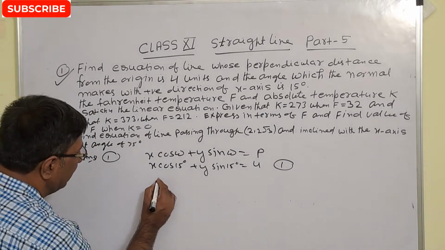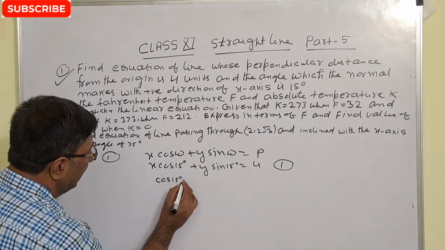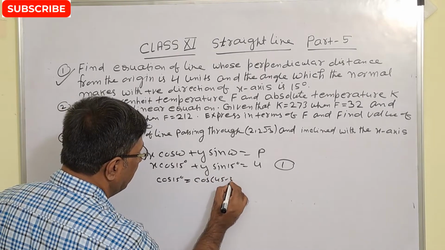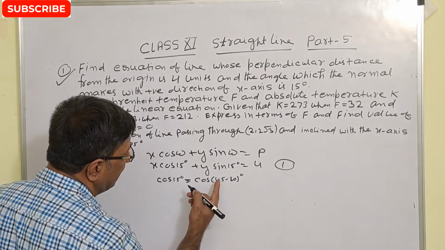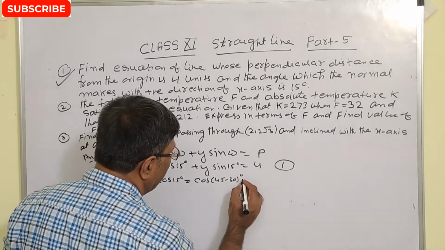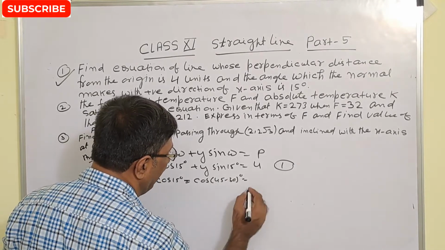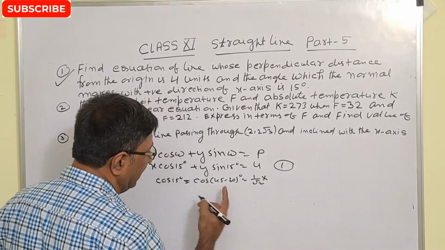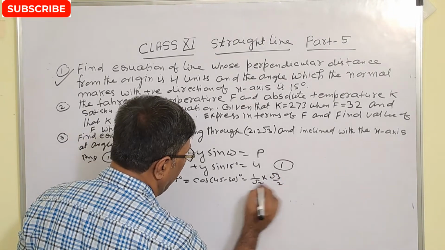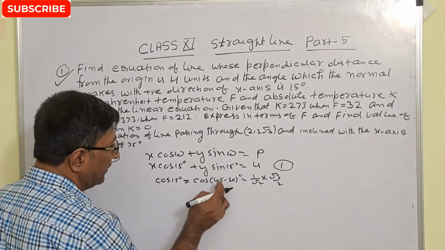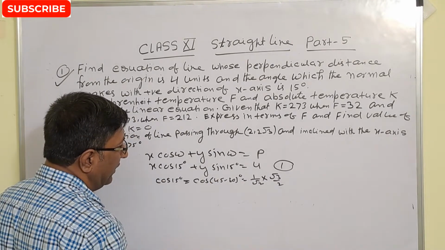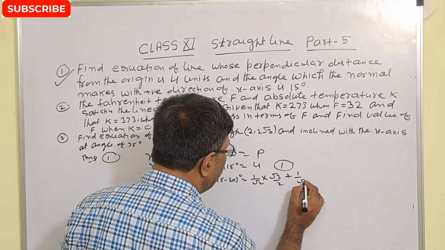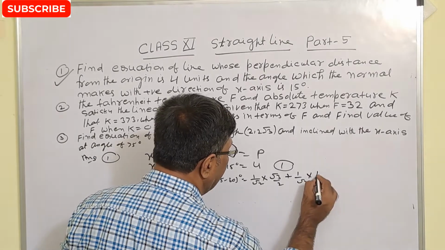Just like this is cos 15 degree. So you can write cos (45 minus 30) degree. Now cos A minus B is cos A cos B plus sin A sin B. So cos 45 is 1 by root 2, cos 30 is root 3 by 2, sin 45 is again 1 by root 2 and sin 30 is half, right?